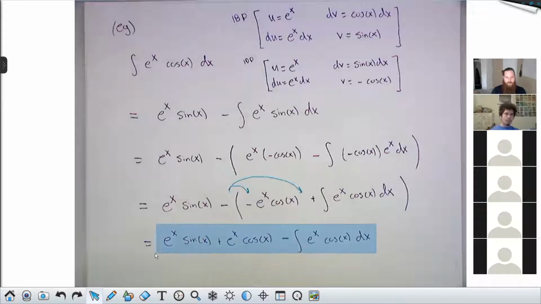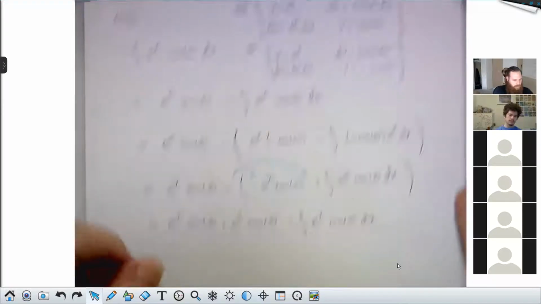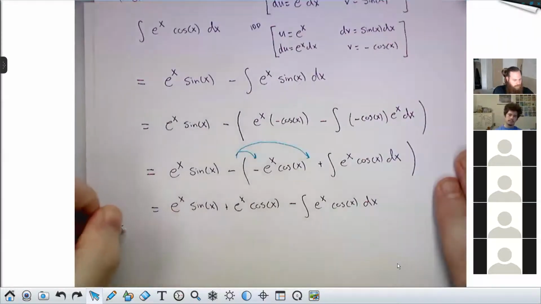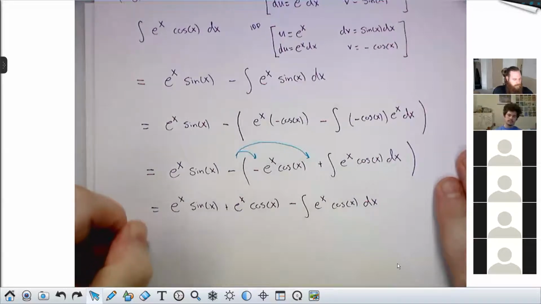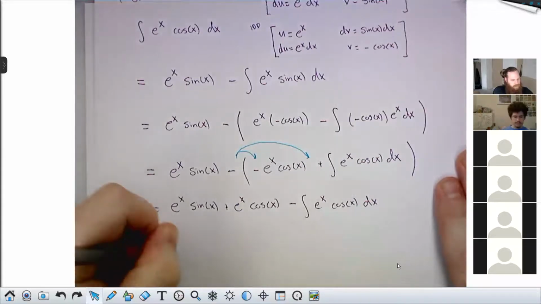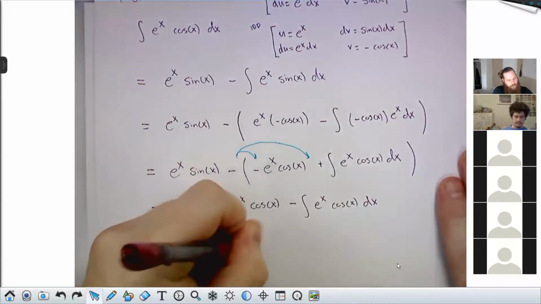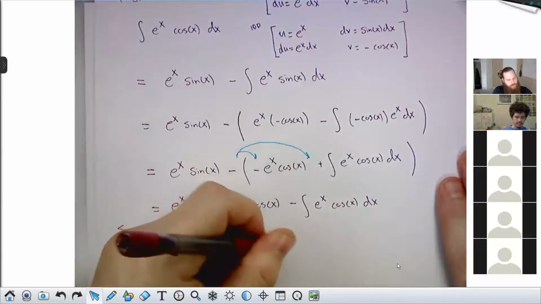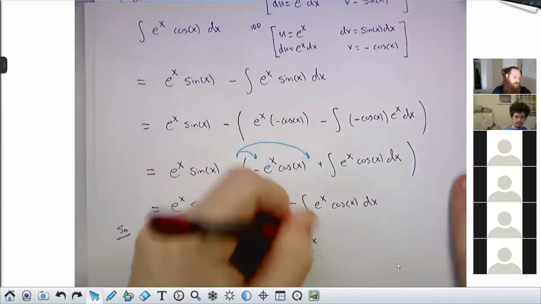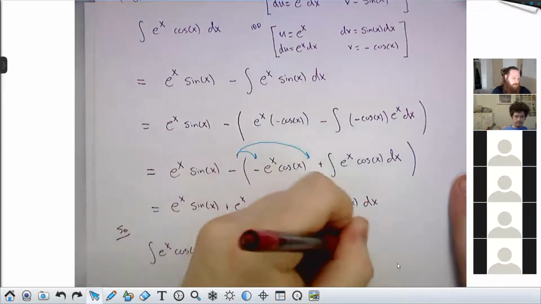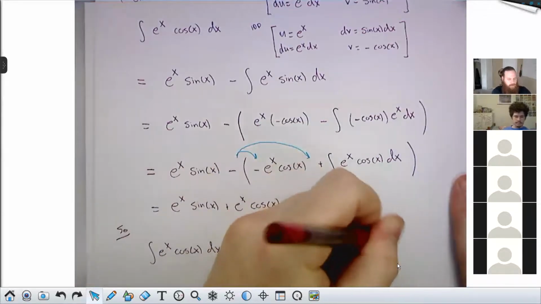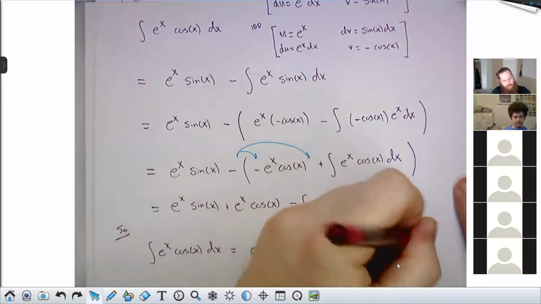So let me take this line and condense it. I've got this thing is equal to this stuff. So what we have here is integral e to the x cos x dx equals e to the x sine x plus e to the x cos x minus the integral of e to the x cos x dx.